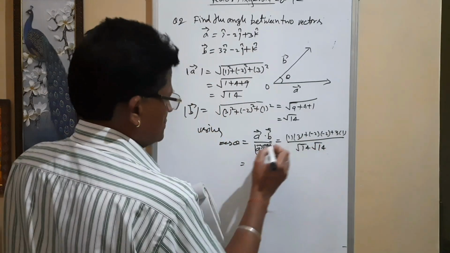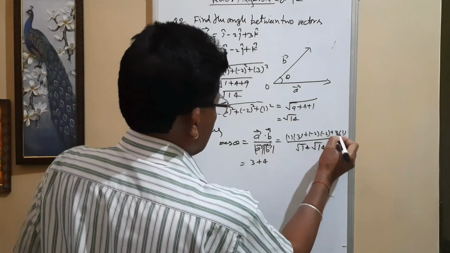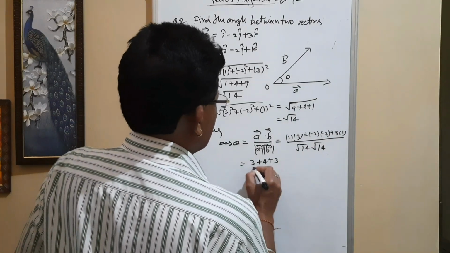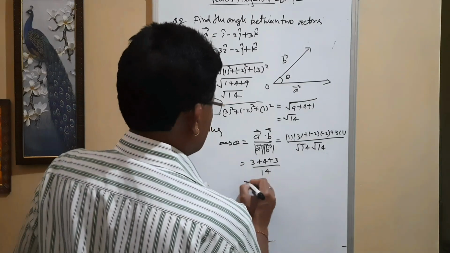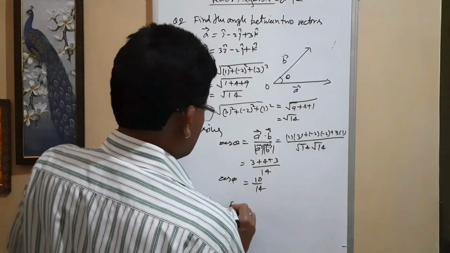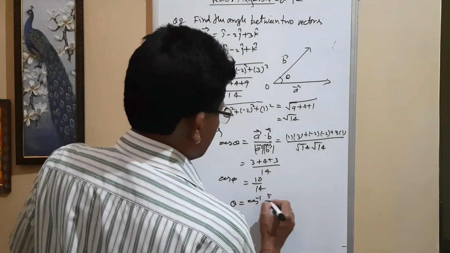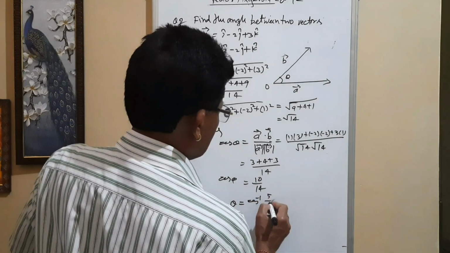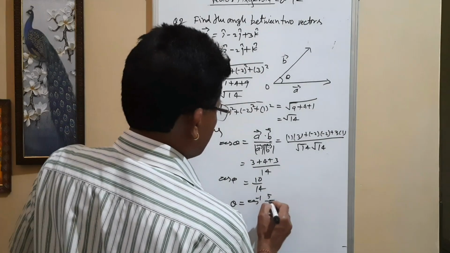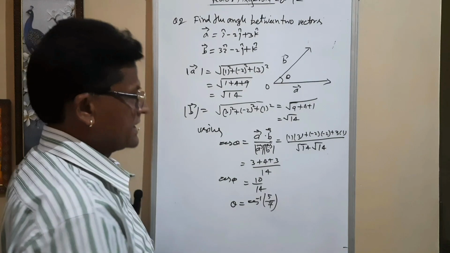It will be 3, negative into negative positive 4, and plus 3, divided by 14, that will be 10 by 14 cos theta, and theta will be equal to cos inverse 5 upon 7, my dear student. That is the angle between these two vectors, vector A and B.